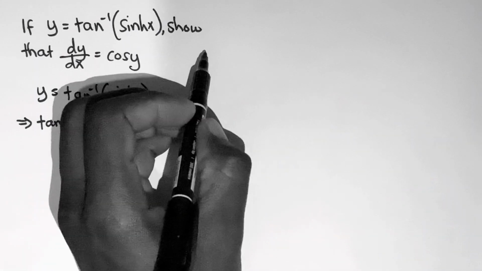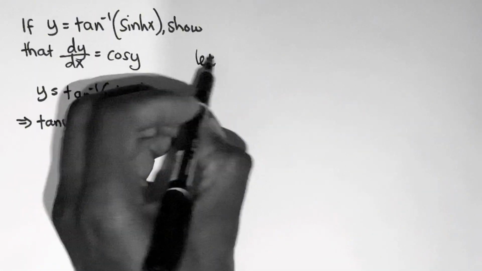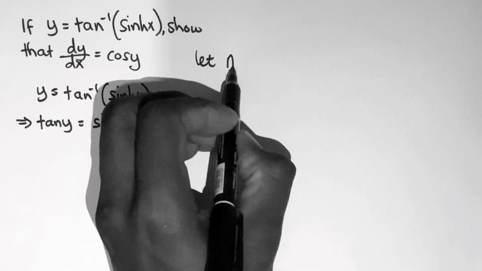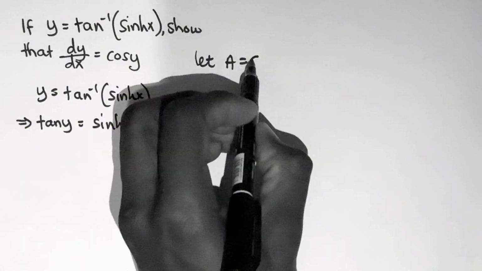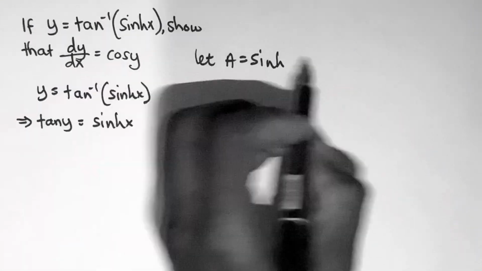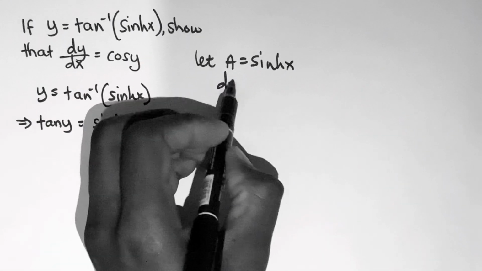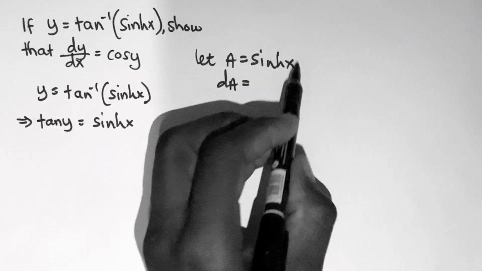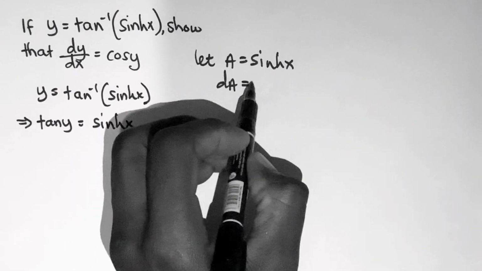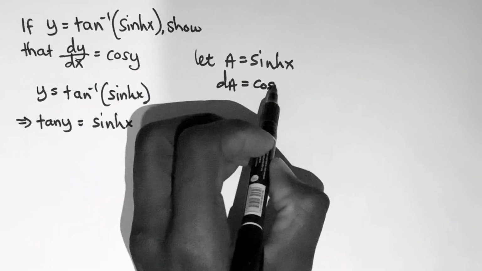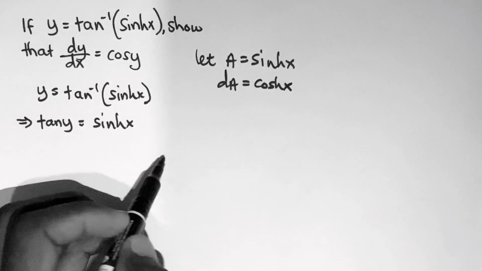So now let's let a be equal to sinh x. So da is equal to, if you differentiate sinh x, you are going to get cosh x.